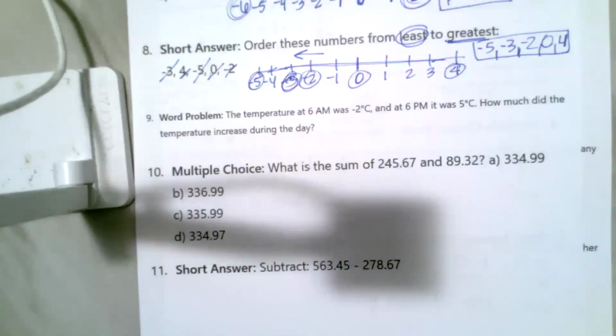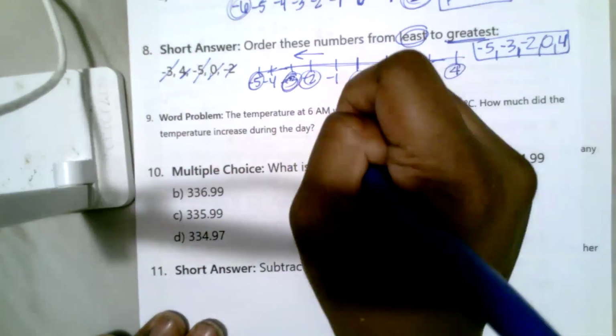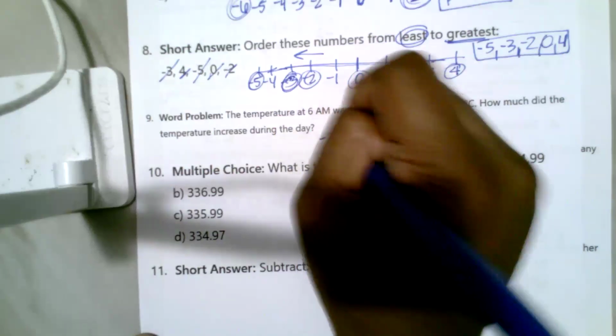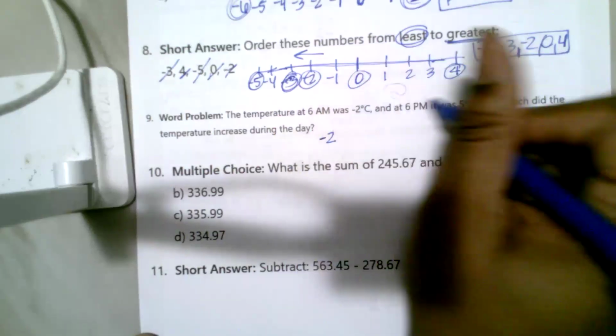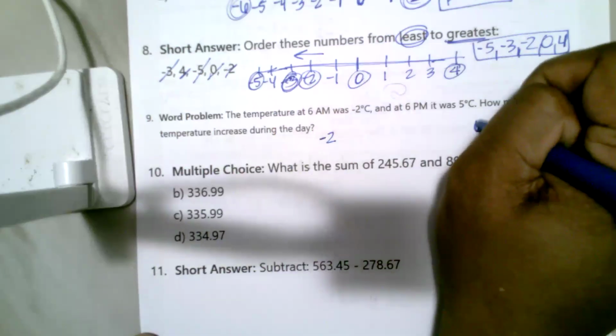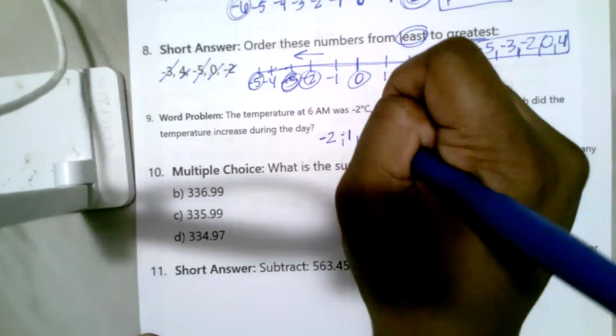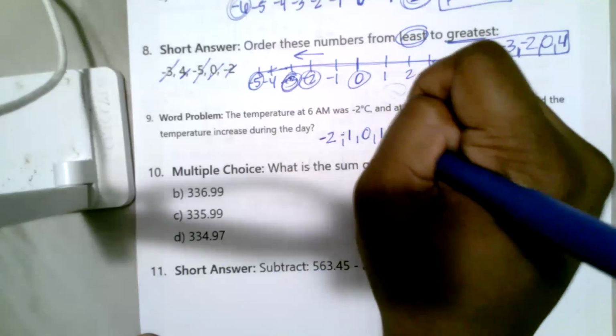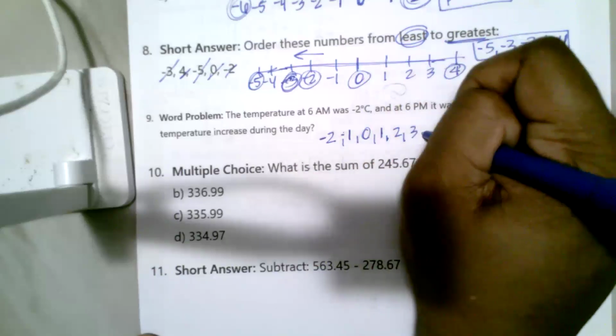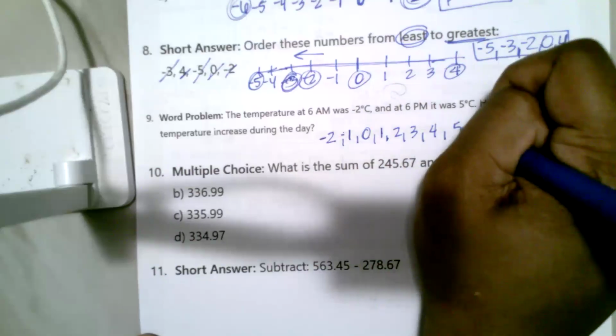The temperature at 6 a.m. was negative 2 degrees Celsius, and at 6 p.m. it was 5 degrees Celsius. How much did the temperature increase during the day? So at 6 a.m. it was negative 2, and at 6 p.m. it was positive 5. Negative 2, negative 1, 0, 1, 2, 3, 4, 5.